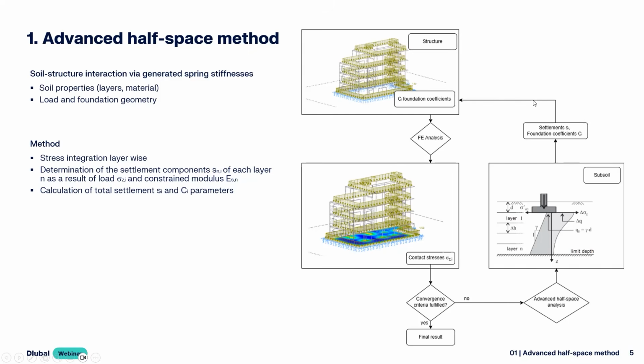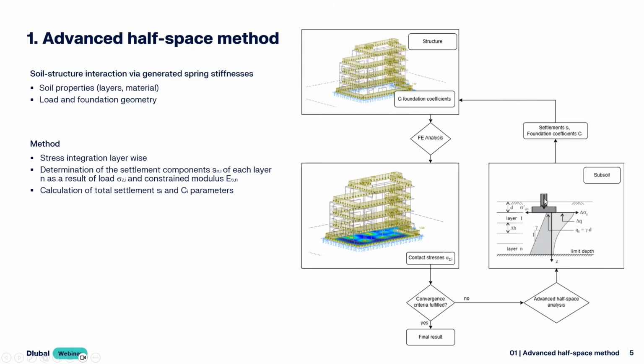Then these foundation coefficients go here to the model, and our surface support and also line supports are updated. And then the next finite element analysis is started, and we have new contact stresses as the stiffnesses were different a bit. And then the convergence criteria is checked. Is it fulfilled? Then we would be at the end, we would have the final result. If it is not fulfilled, another advanced half space analysis would be started with the updated contact stresses.